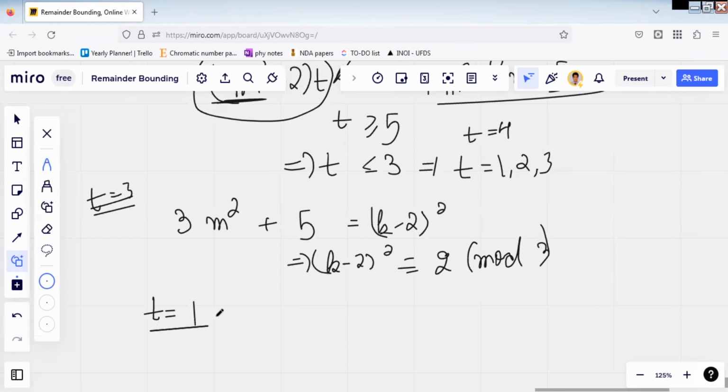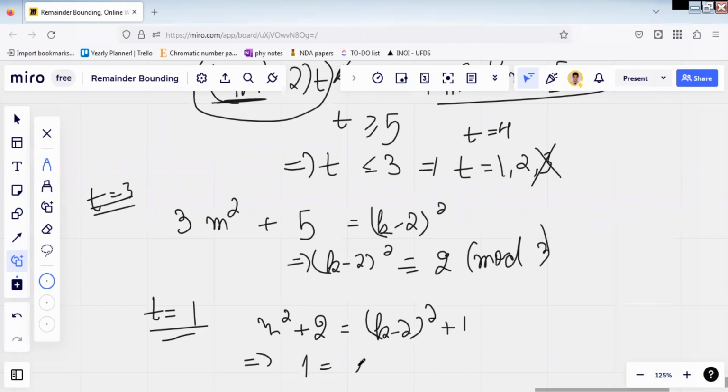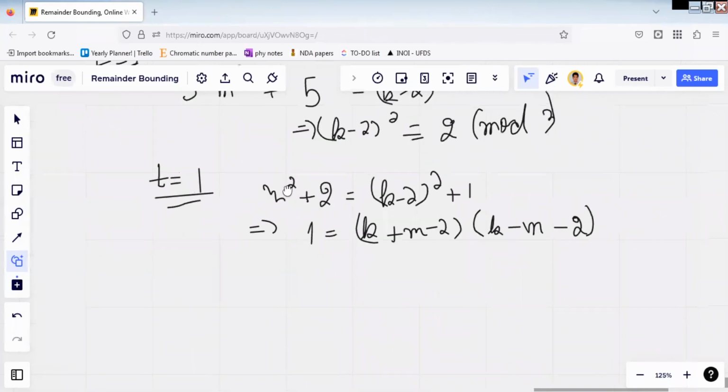For t equals 1, you have m square plus 2 equals k minus 2 square plus 1, which means 1 equals k plus m minus 2, k minus m minus 2.